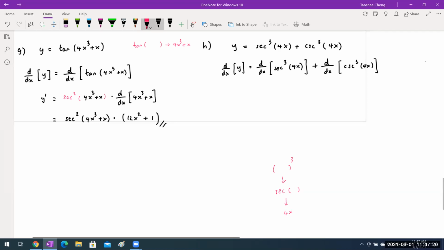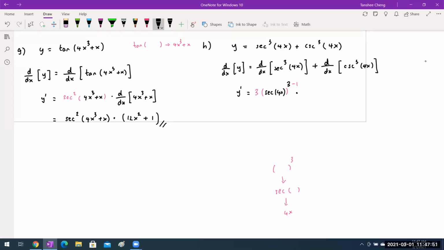So when we take the derivative of that, y prime is equal to the derivative of the power function, which means bringing down the power 3, and then 3 minus 1, subtracting the power. And remember the inside has to be whatever the inside is, which is secant of 4x.